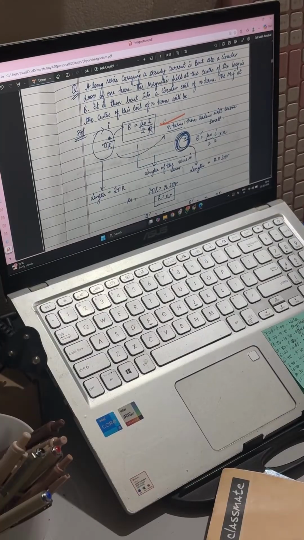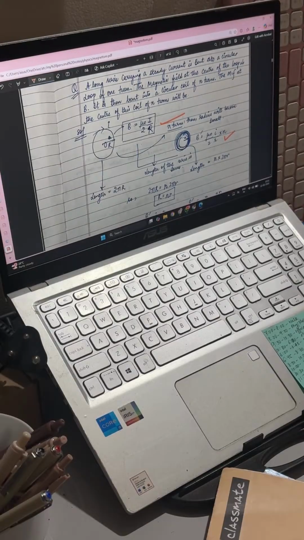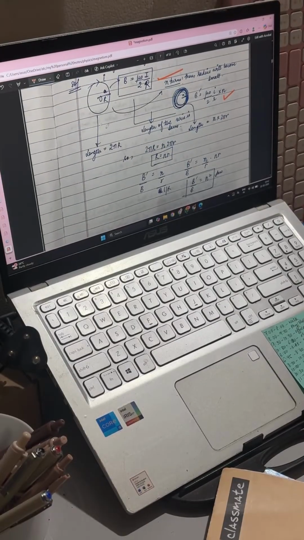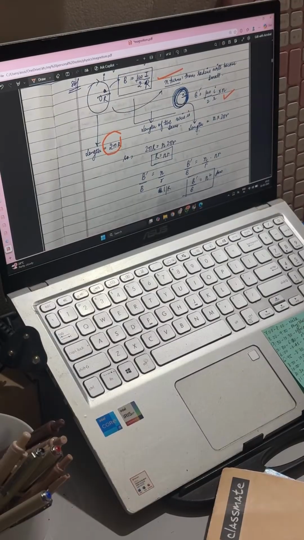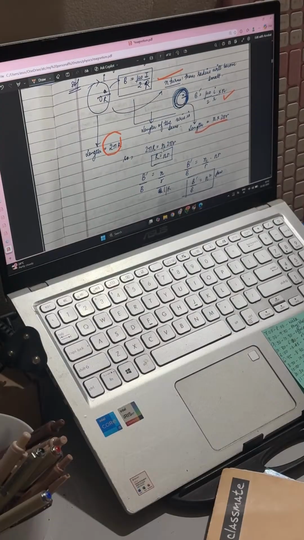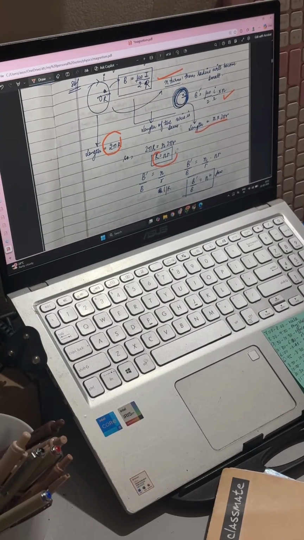Now it has n turns, so basically it will become B dash and into n. The length of the wire will be 2 pi R, but now the length will become n into 2 pi R. So from here this R becomes nR.